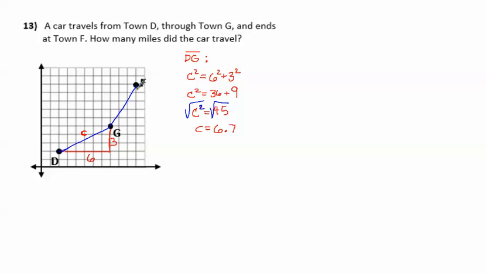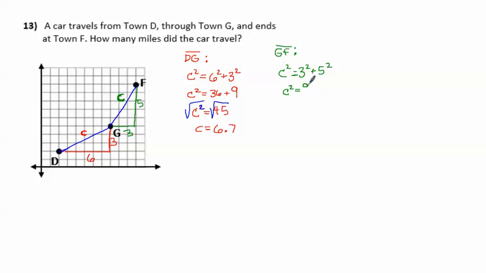Then you would need to do the same thing for the other segment here. Read the width of that triangle. That's a 3. Read the height. 1, 2, 3, 4, 5. And so for segment GF, you would find that other C. Using the same Pythagorean theorem, C squared is now going to be equal to 3 squared plus 5 squared.